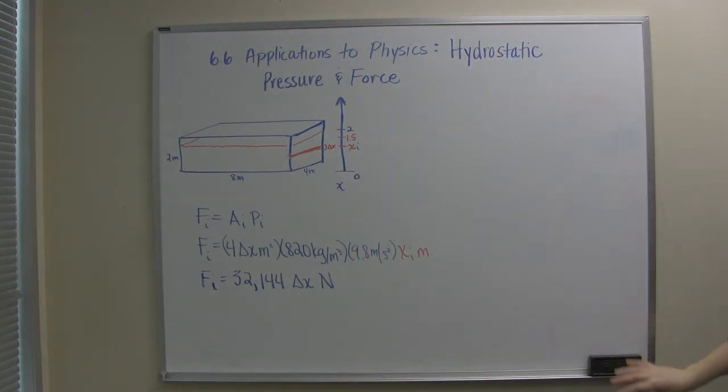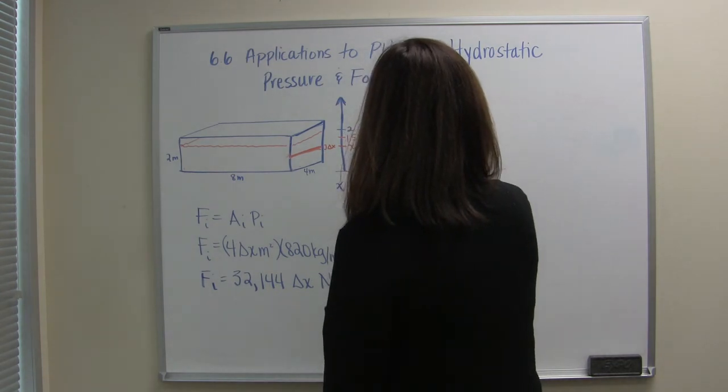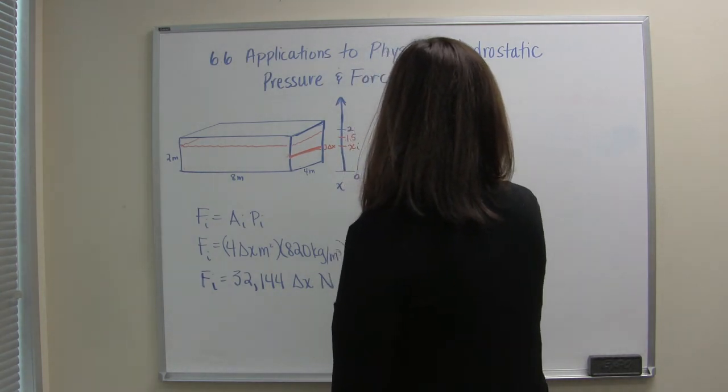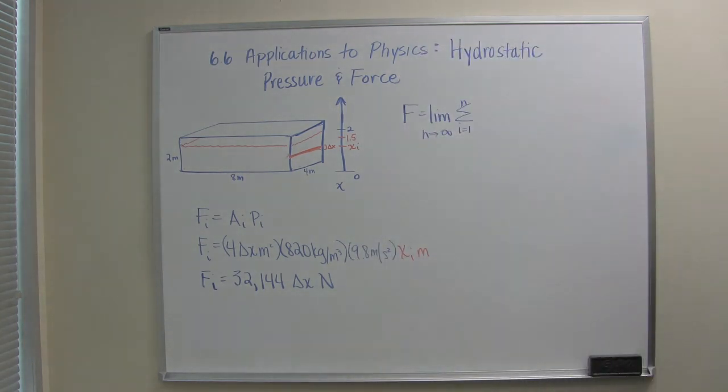All right, so this is for one slice. How could we figure out the force on all of the slices? Well, as I mentioned, we could take infinitely many slices, and we could add up the force at each one of those, and we should end up with the total force as we get from the bottom to the top.